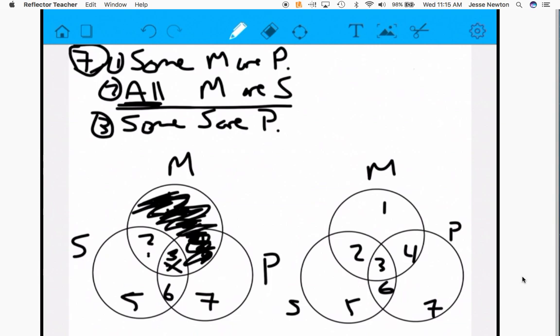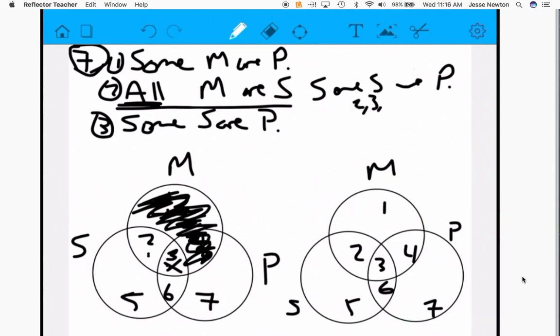All right, and for this one, we're saying some S R P. So S is regions 2, 3, 5, and 6.